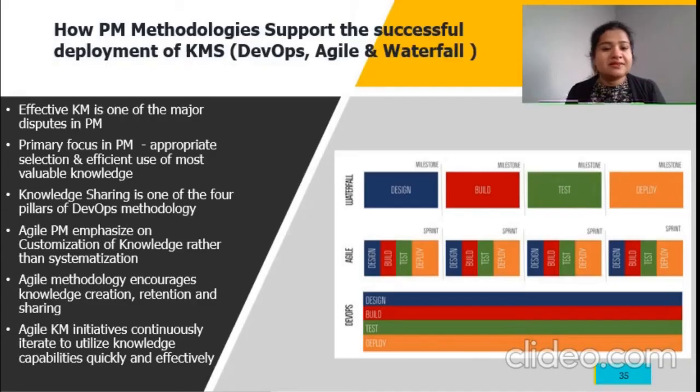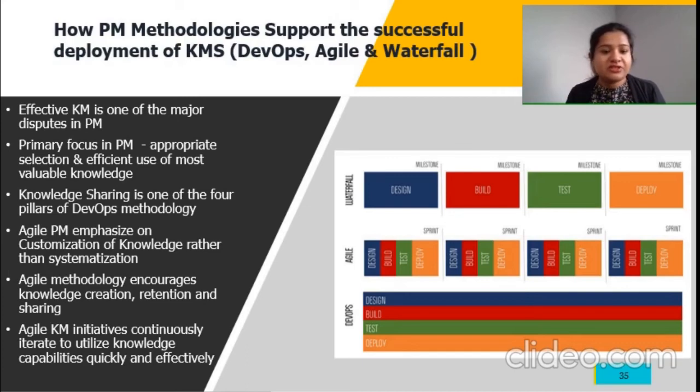Let's discuss how project management methodologies support the successful deployment of KMS. The development operations approach is mainly used in cloud transmission projects as a technique to reduce the system development life cycle. Development operations teams look for knowledge management solutions that integrate with their workflows, helping in rich information design and producing usable papers for stakeholders.